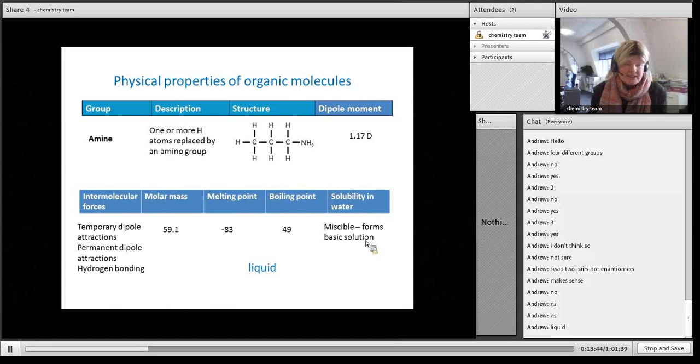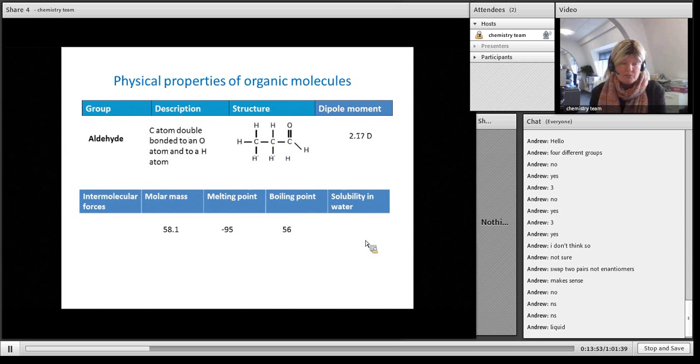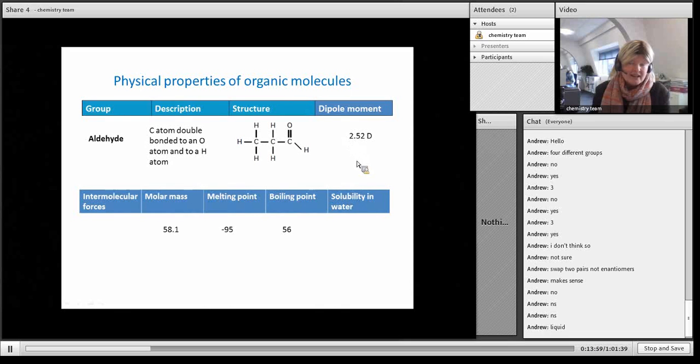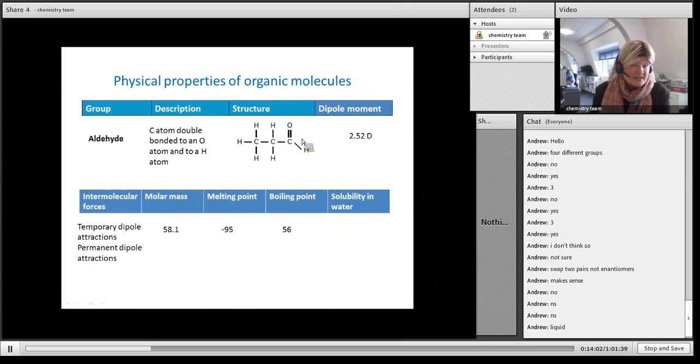So alkanes, alkenes tend to be gases, but they may be liquids if they're big enough. The rest you're going to come across are going to be pretty much all liquids apart from one. So let's go through it quite quickly. Aldehydes, you can see that dipole increasing. Although it can't form hydrogen bonds itself, water can form hydrogen bonds with it.